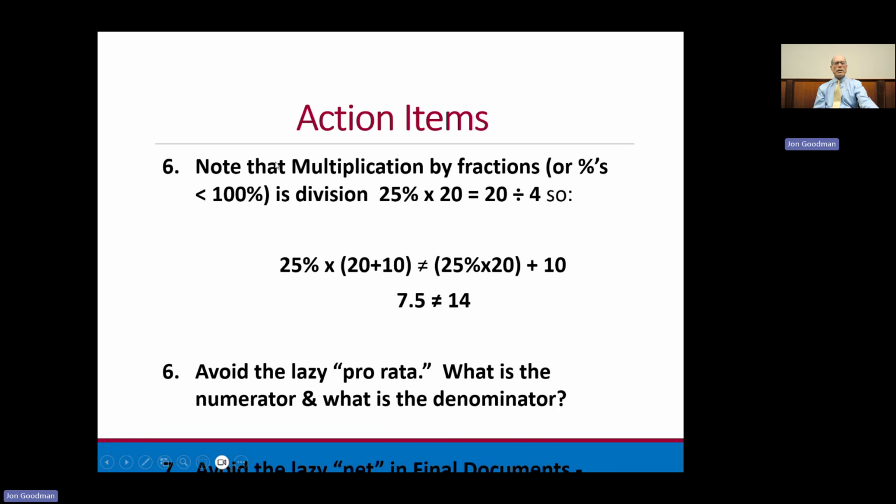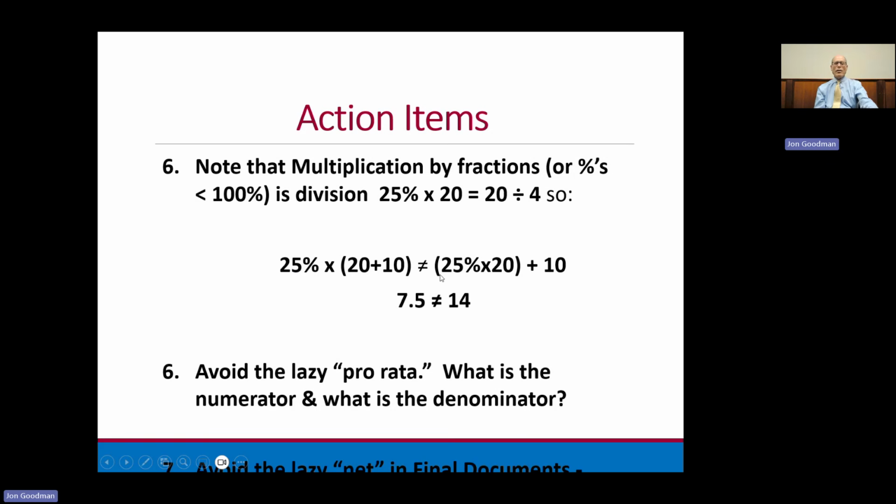So let me give you an example here. 25% times 20 is the same thing as 20 divided by 4. So that means multiplying by a percent that's less than 100% is the same thing as division. And so here's an example of how this comes into play. Notice 25, 20, and 10, 25, 20, and 10.